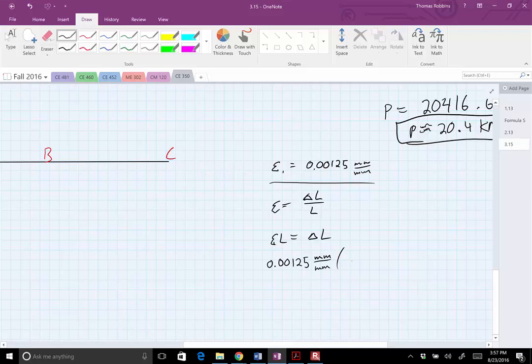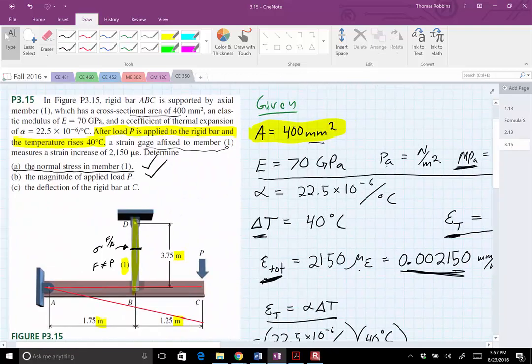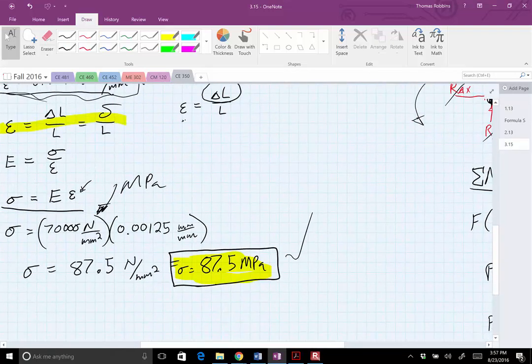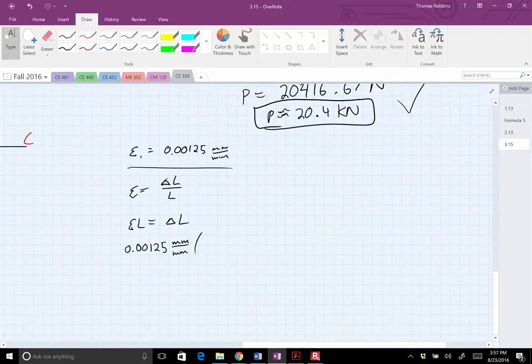Go back up to the problem statement, 3.75 meters. We need to change that to millimeters, 1,000 millimeters per 1 meter, and this is going to equal our delta L. Plugging that into the calculator.